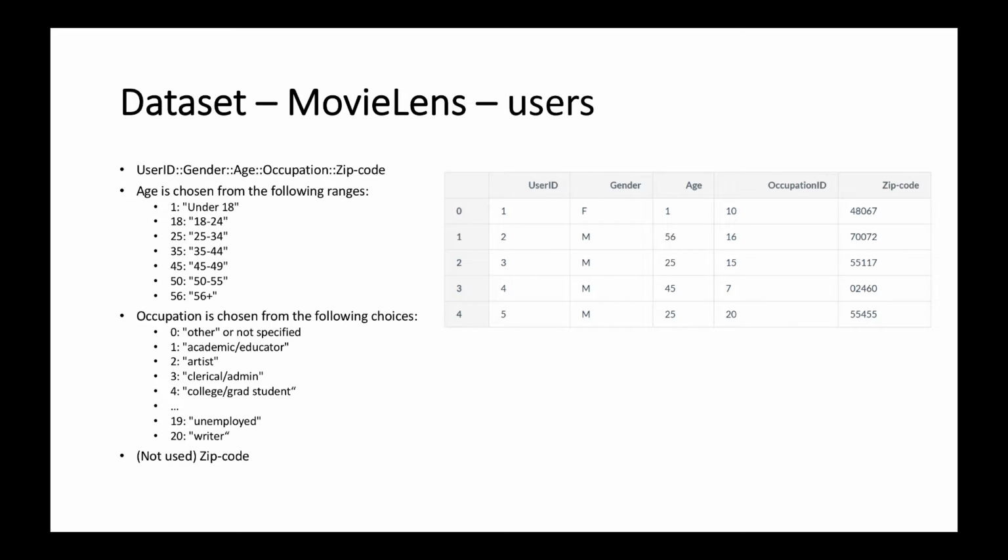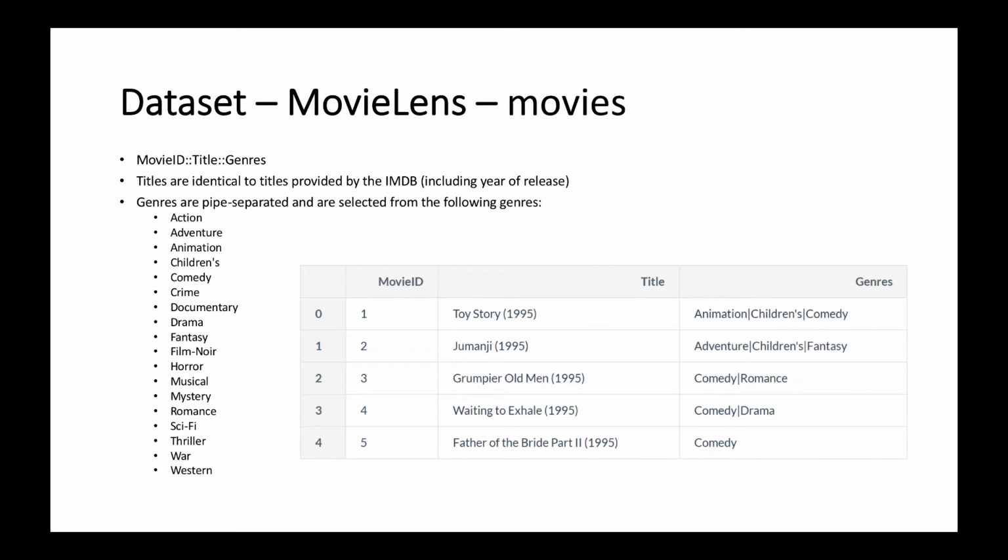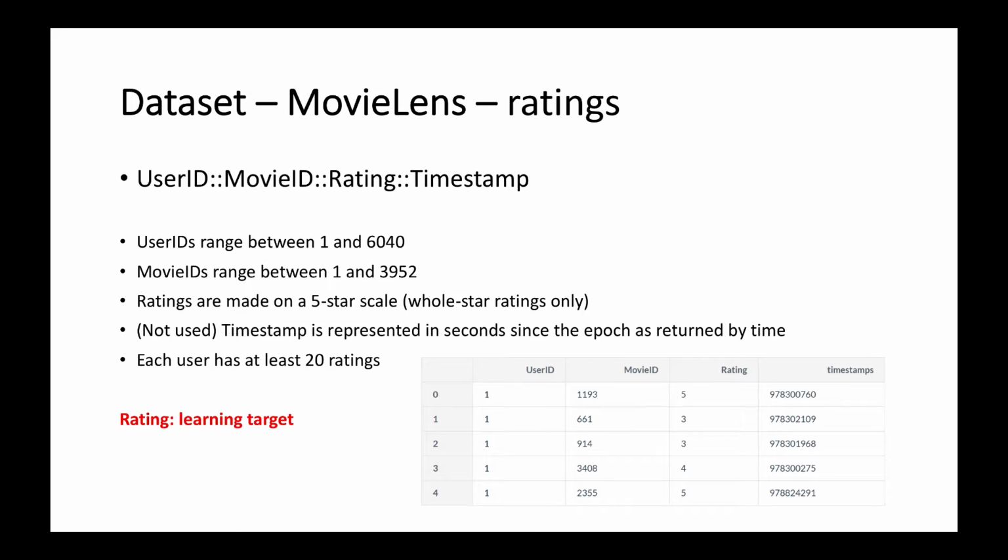Zip code is not used. Movies have movie ID, title, and genres fields. Some movies may have more than one genre. Ratings have the user ID, movie ID, rating, and timestamp. Ratings are made on a 5-star scale.